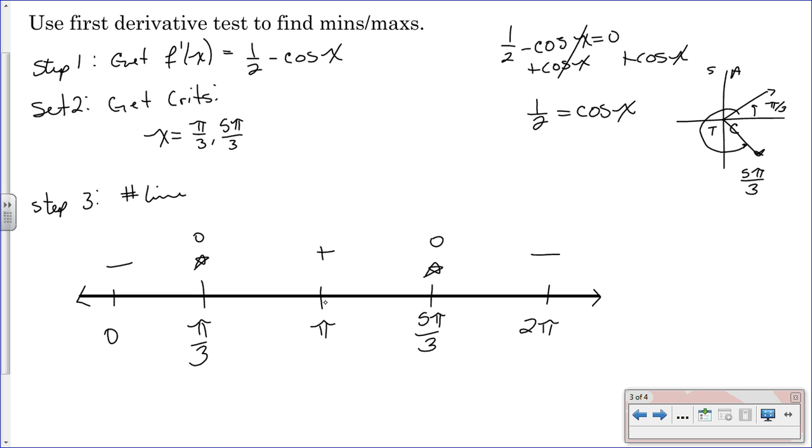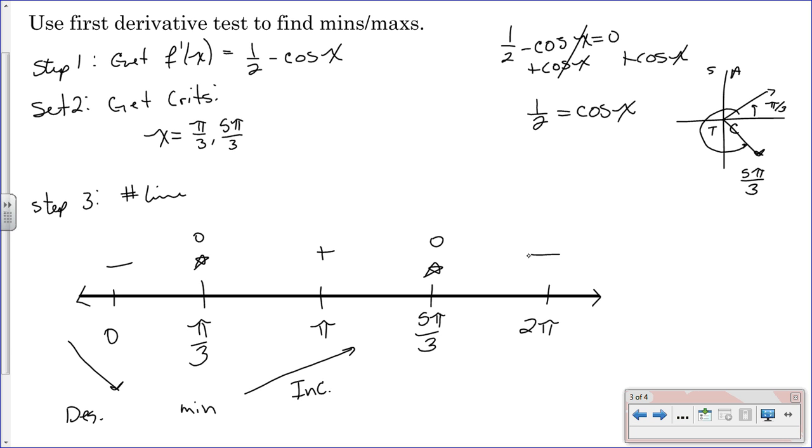Since it goes from negative to positive, that means this is a min. And since the slopes here are negative, this function is decreasing here. Since these are positive, it is increasing.